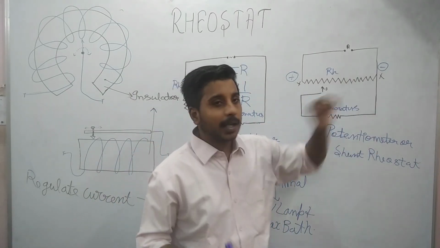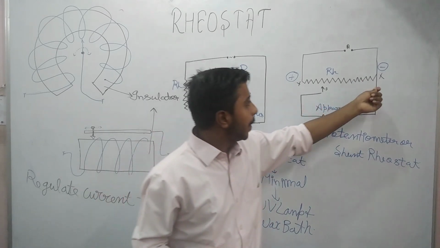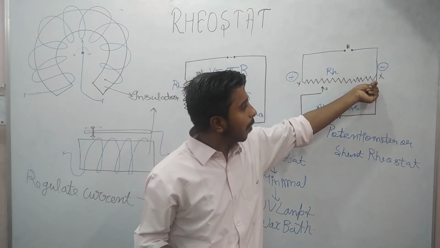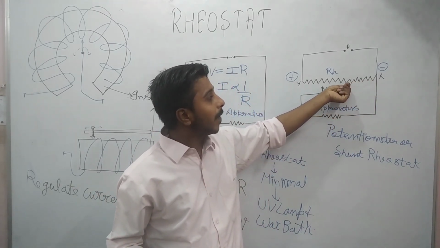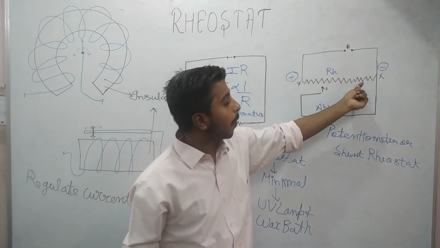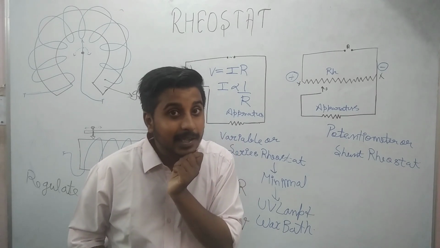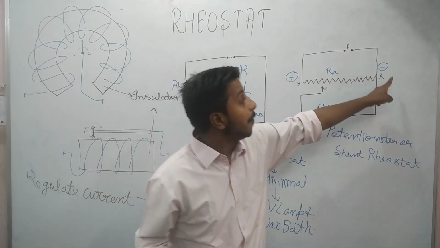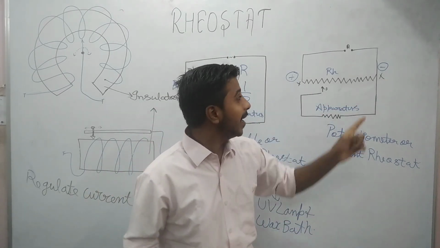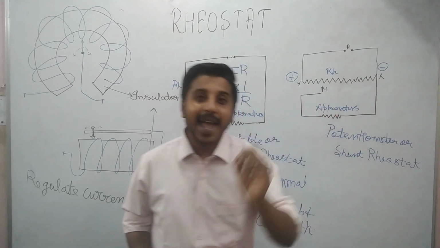So no current will be there. But when I move this knob from X to Y, it is moving toward positive, which means the potential difference is increasing. So current will be increasing, which was 0 when the knob was at X.